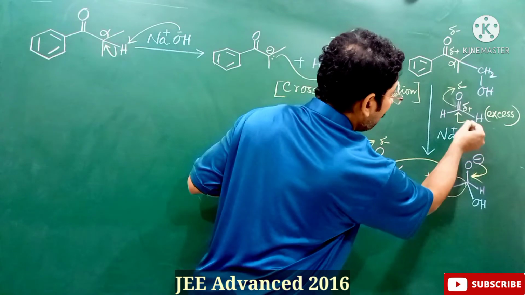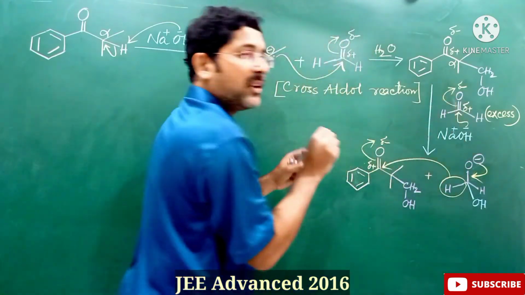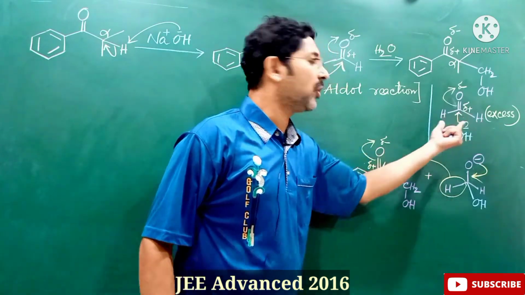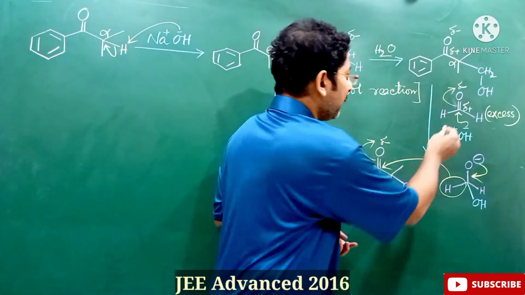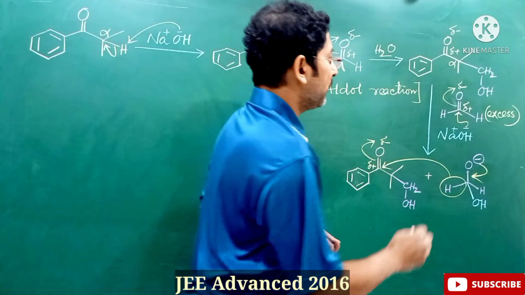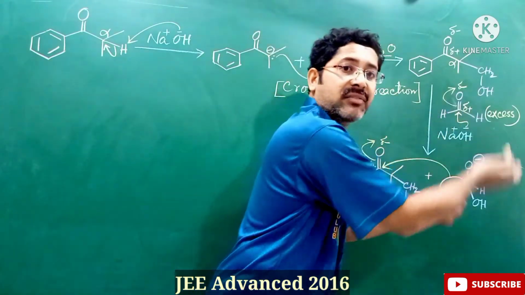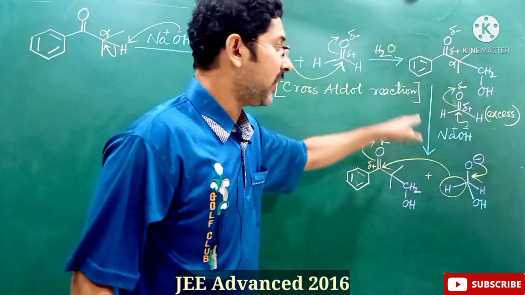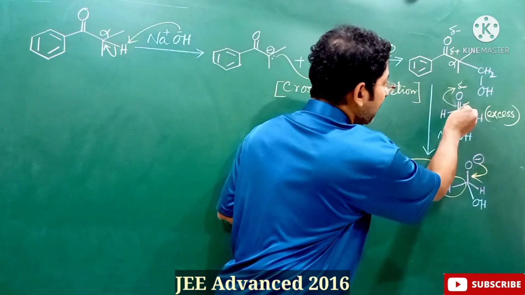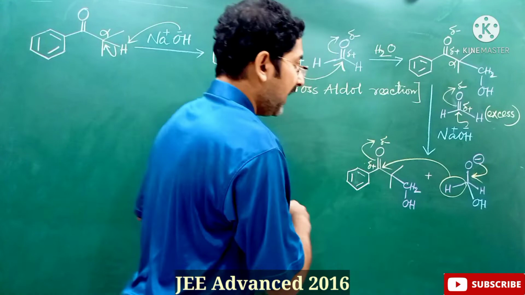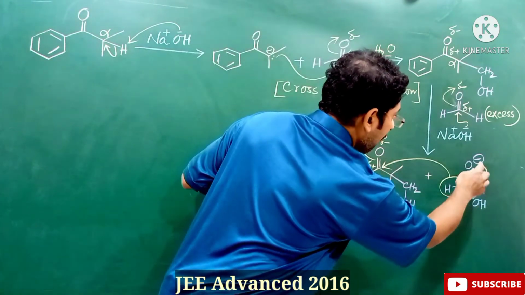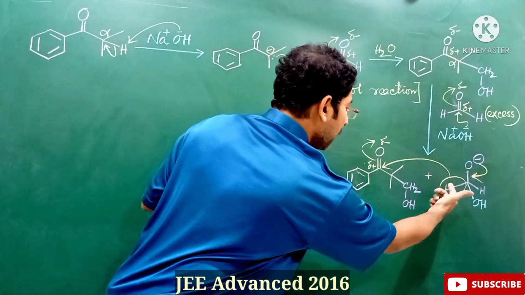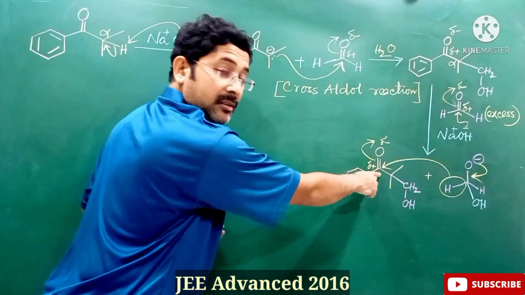So this nucleophile will approach this carbon very easily, and obviously no plus I effect of alkyl groups is present. So formaldehyde is the most reactive carbonyl compound. So when OH- attacks as a nucleophile, it will attack the formaldehyde carbon very easily. And in the second step, when this O- comes back, this hydride will shift to this carbon.